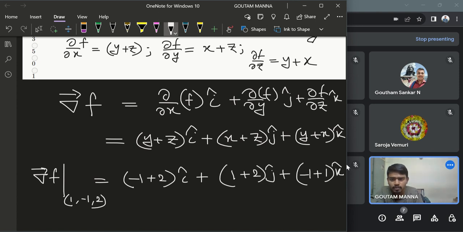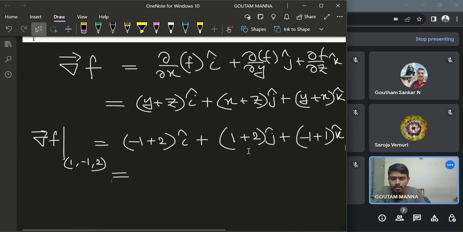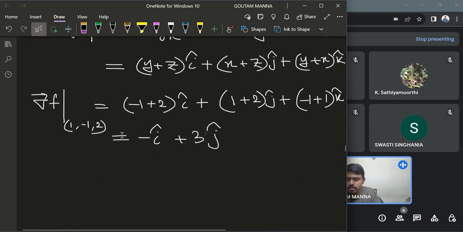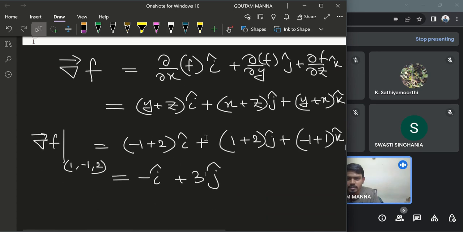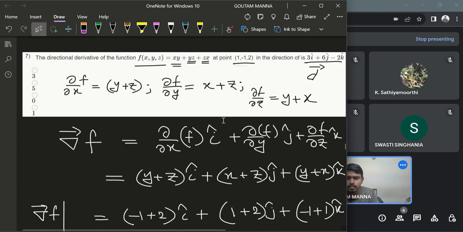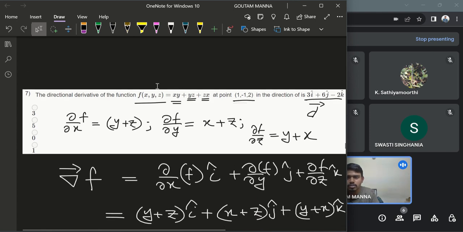So it will be minus i cap plus 3 j cap plus 0. So this is the gradient of f at this point (1, minus 1, 2). So what does it mean? Basically, for each value of f, this will give you a plane.